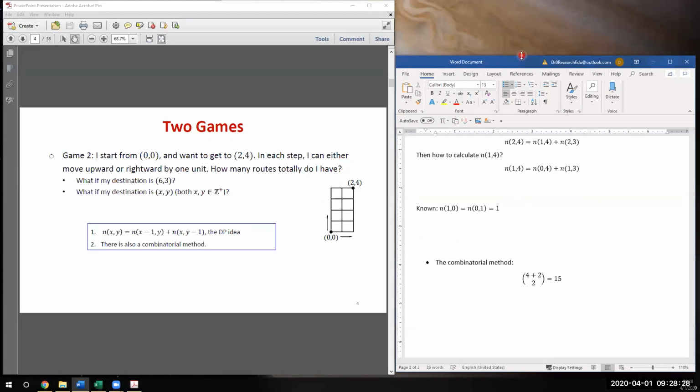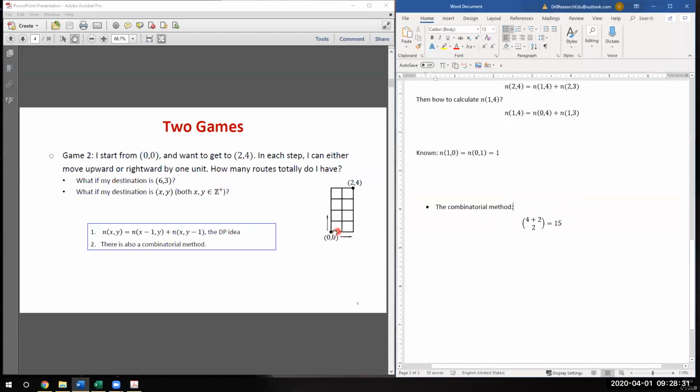Why is this one correct? Think about this. What is the total length from 0,0 to 2,4? It doesn't matter which way you go. Your total length must be 6. What that means, for example, consider here, 2 units. And from here to here, 4 units. See it? So your total length is 6.